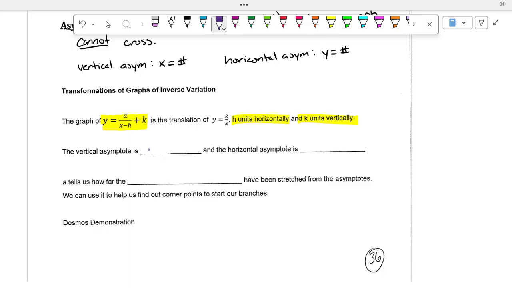The vertical asymptote is typically x is equal to h. So how you get it is you set x minus h equal to 0, solve for x, and that'll give you x is equal to h. So another way you can think about it, you can flip the sign of h.